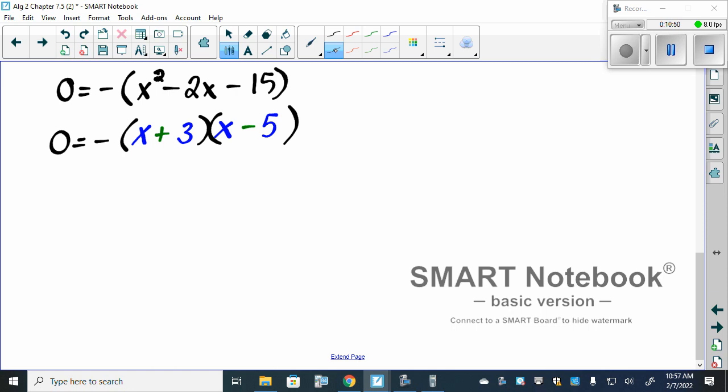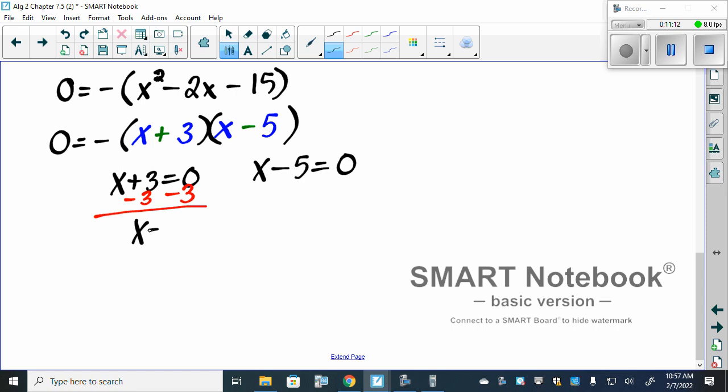Now we do have two things multiplied together to equal 0, so it means one of them must be 0. So either x plus 3 is equal to 0 or x minus 5 is equal to 0. Now for the x plus 3, we can subtract 3 from both sides, telling us x is negative 3.